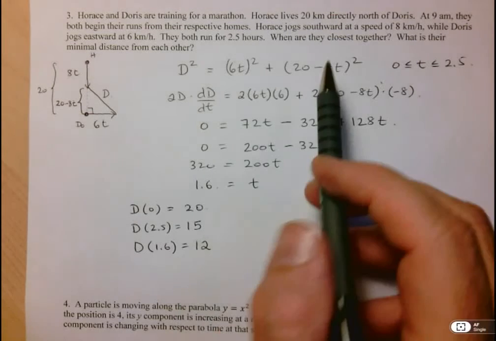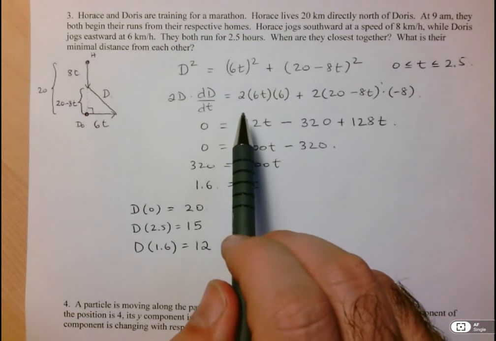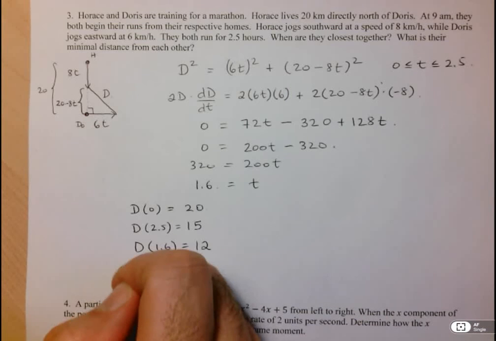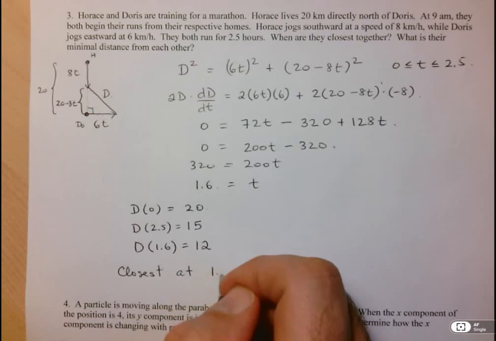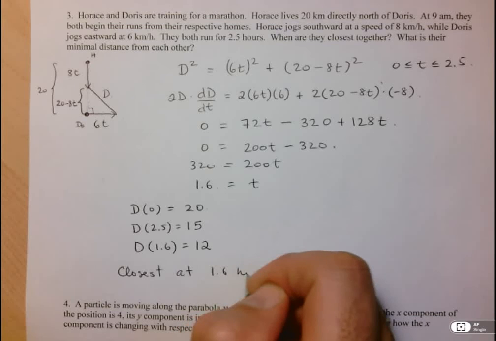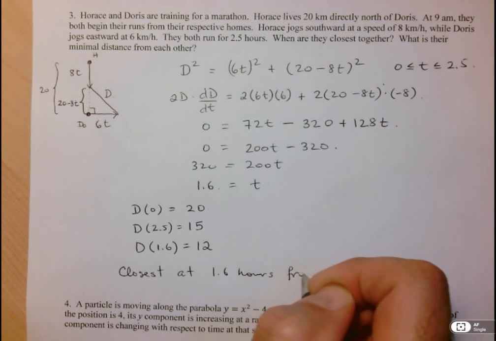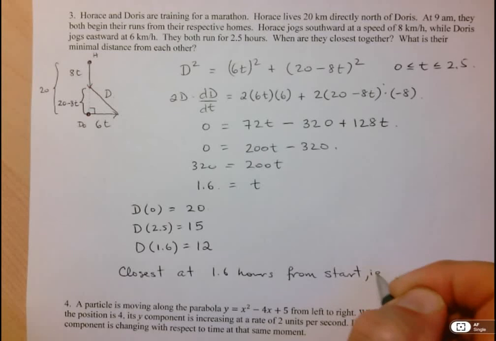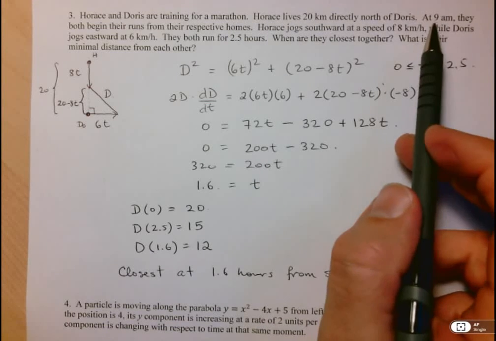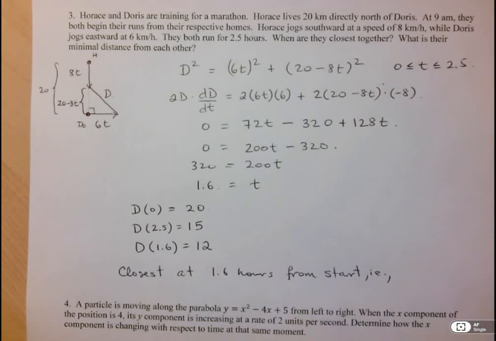And in fact, those are exactly the questions that they're asking me. So they are closest at 1.6 hours from start. Well, let's see, they started at 9 a.m. So we add 1.6 hours.